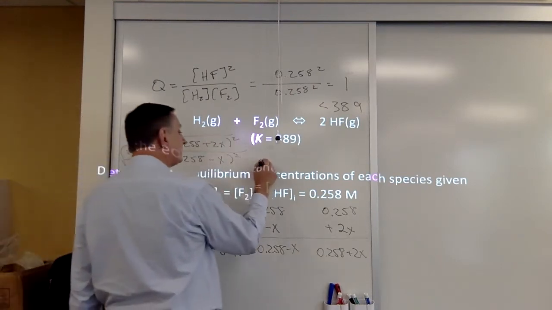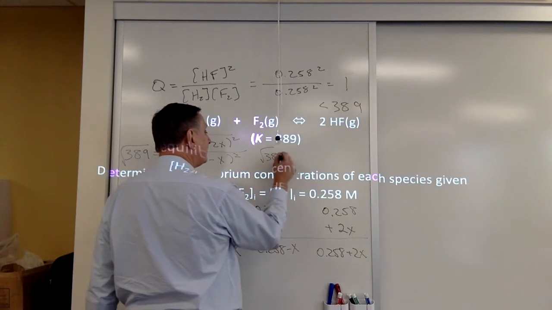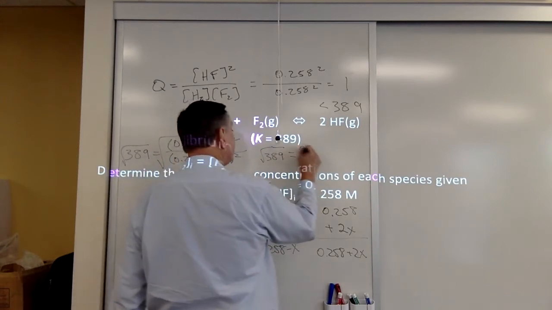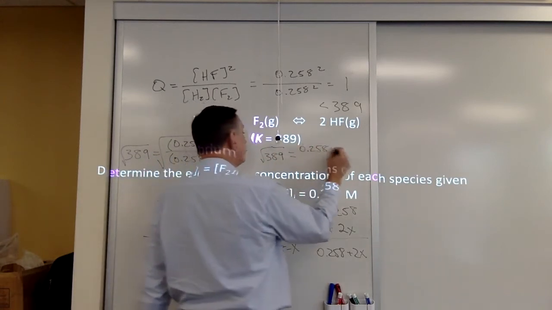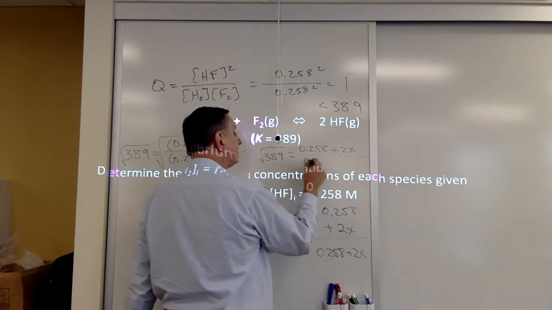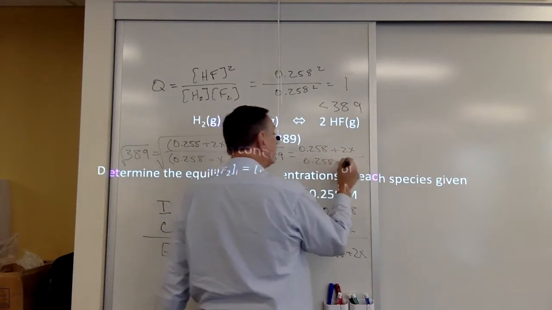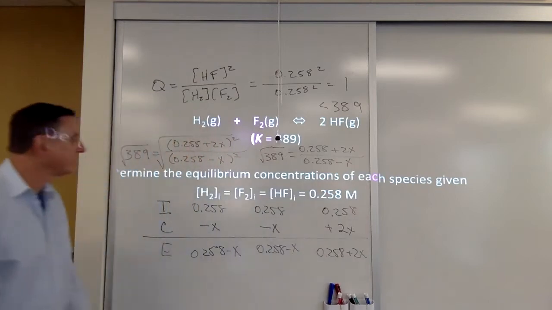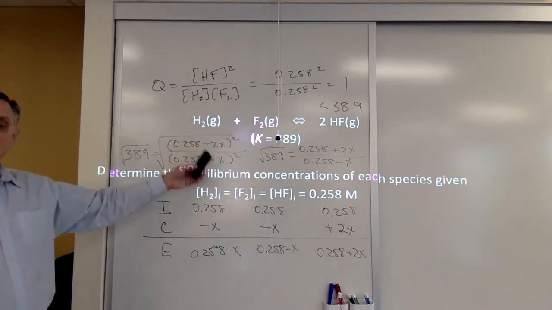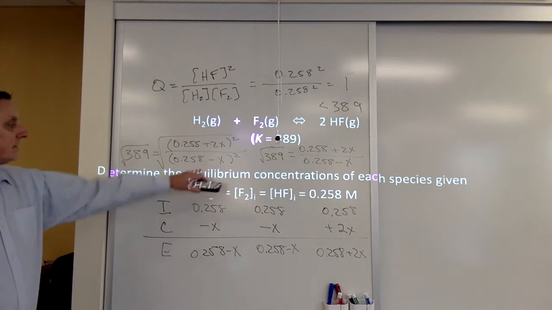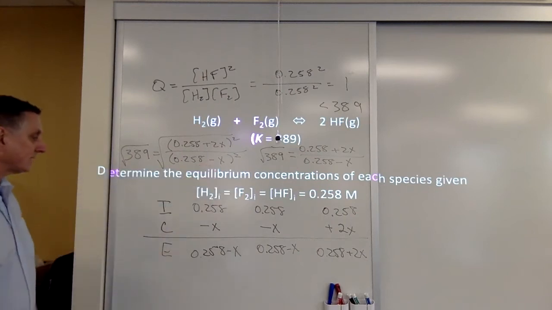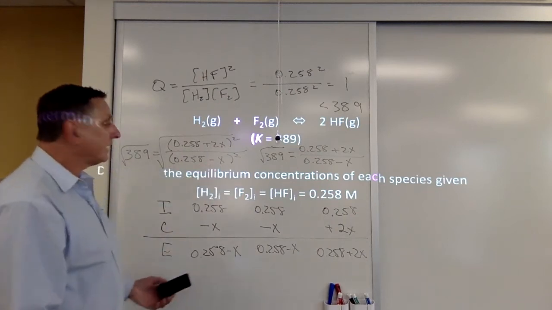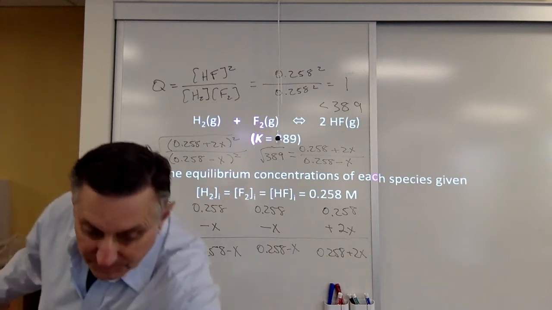And what we have is the square root of 389 is equal to 0.258 plus 2X all over 0.258 minus X. Be careful that you don't lose the 2X above, and this is not the same. It's just minus X.